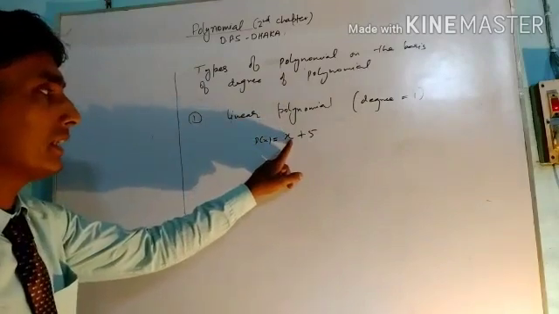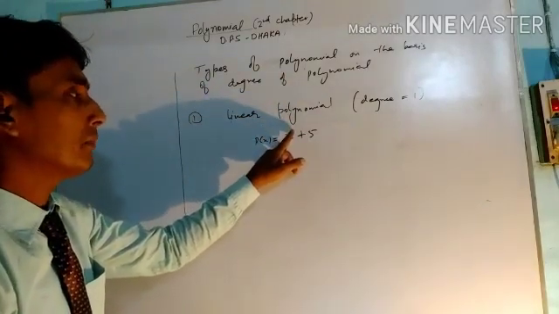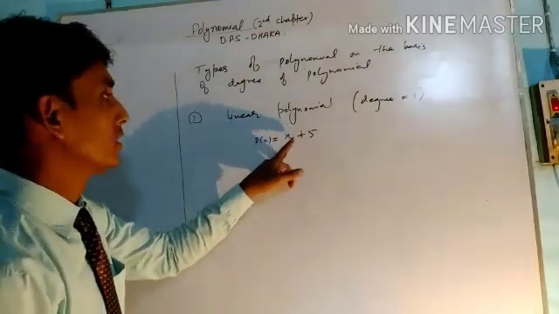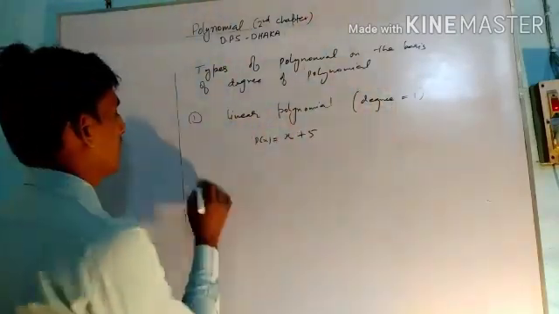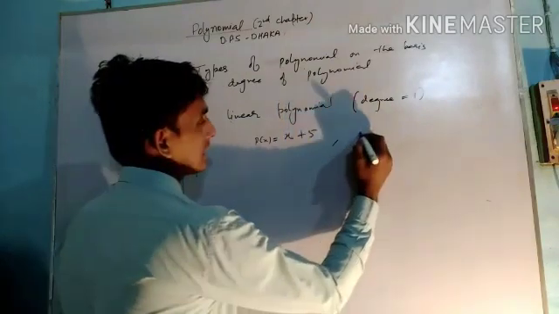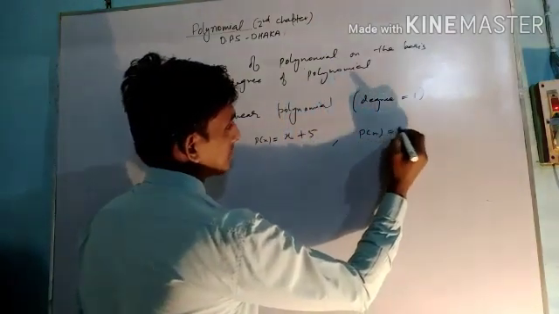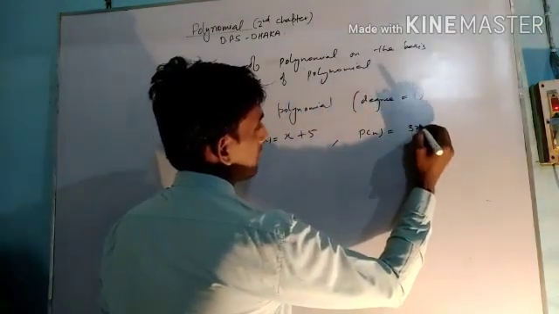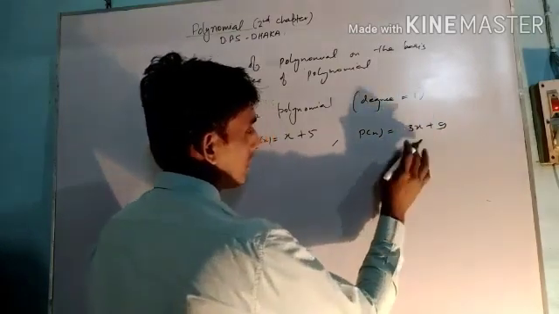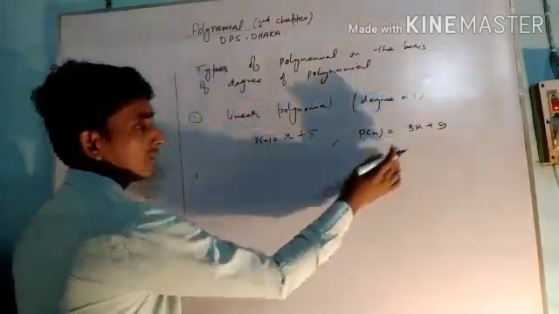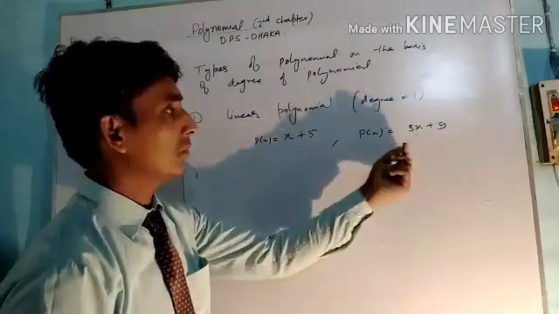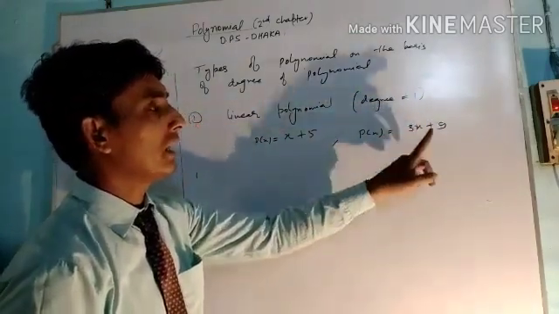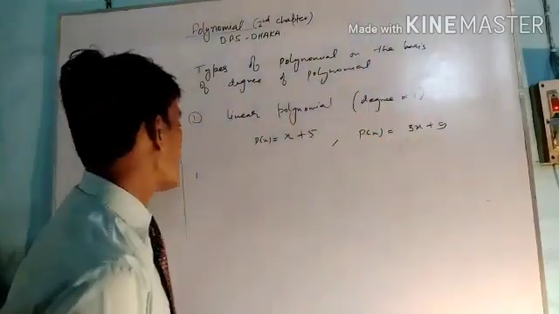Here the power of x is 1, which is not written, but the degree of polynomial is 1, so this is a linear polynomial. Another example is 3x plus 9. Here also the power of the variable x is 1, so it is a linear polynomial. The coefficient of x is 3 and the constant term is 9.